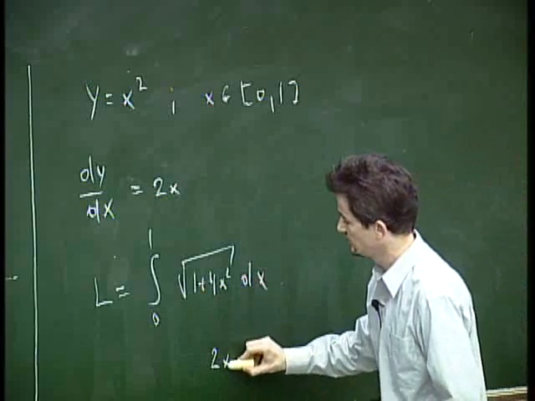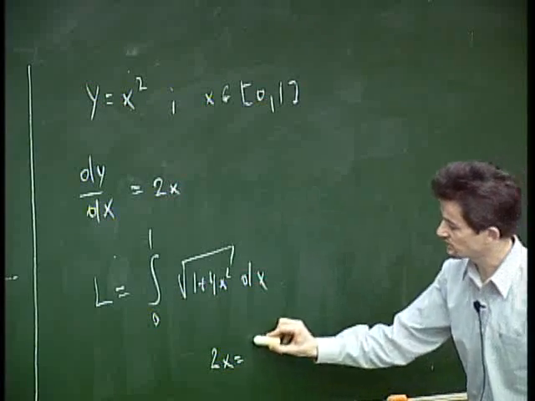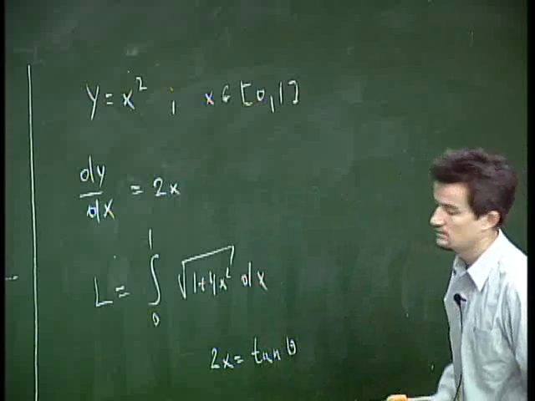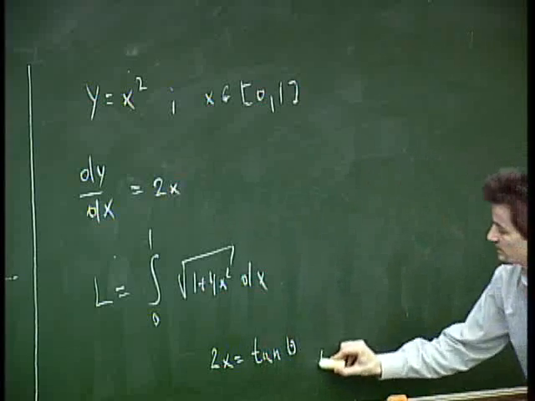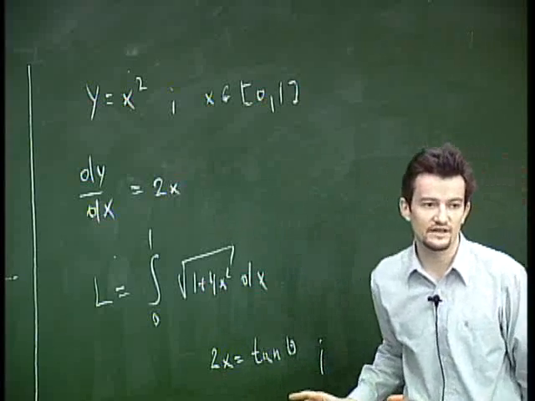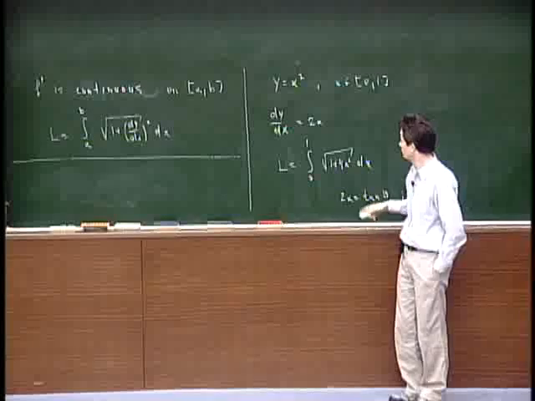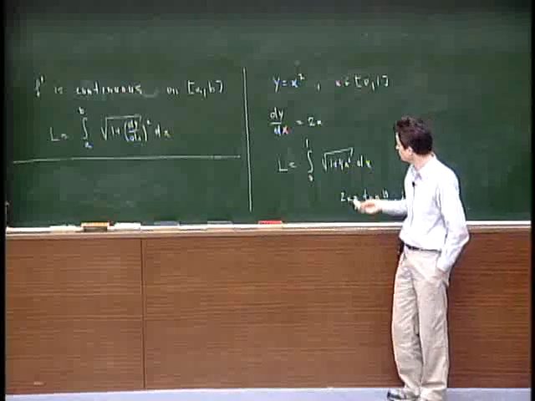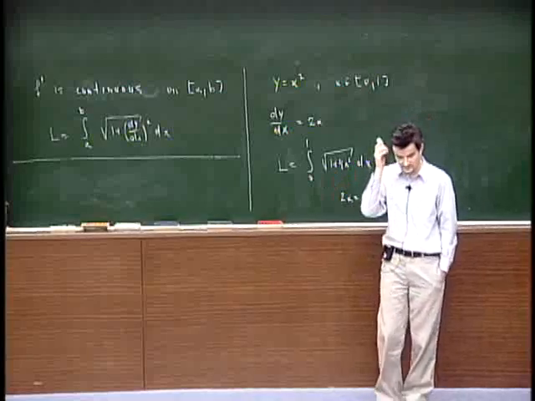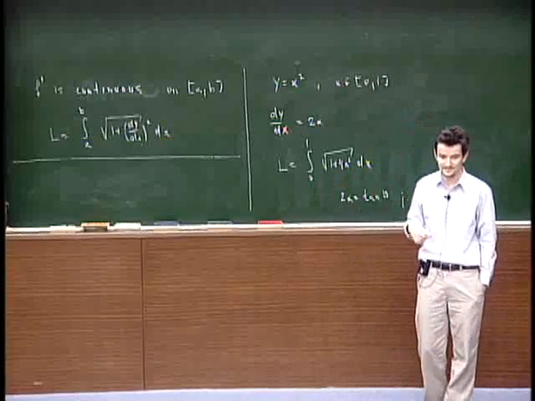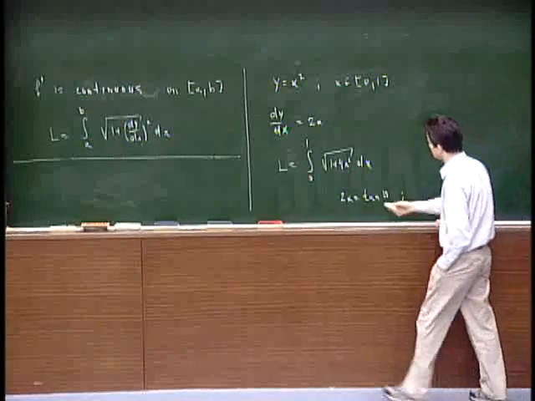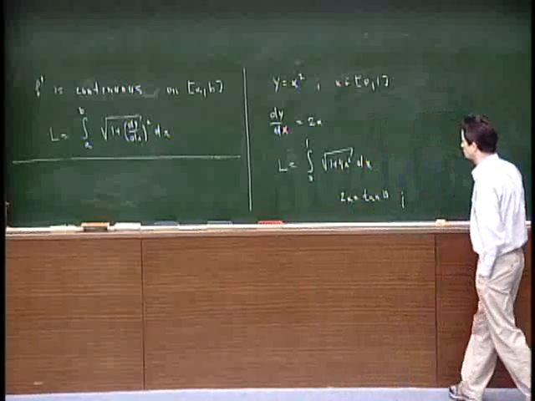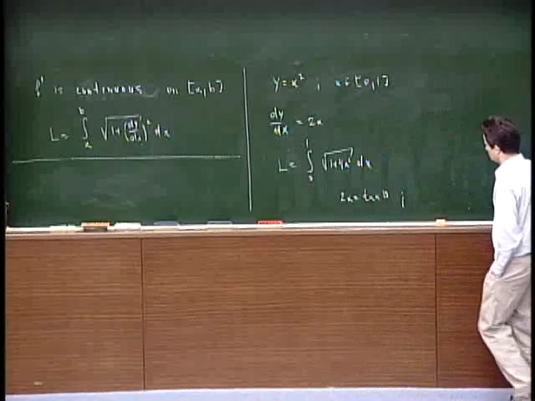So what we do is 2x is equal to the tangent of theta. Because these kinds of methods are now all standard for us. Whenever you see this type of integral, you don't have to think anymore, because the methods are all standard now. This is the standard substitution which we use in order to solve this integral.